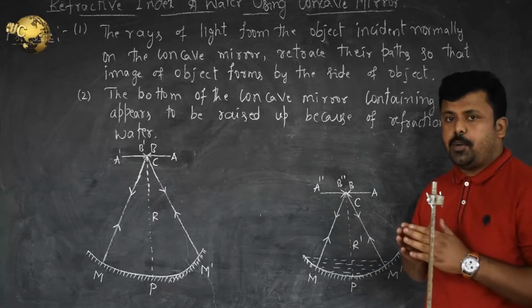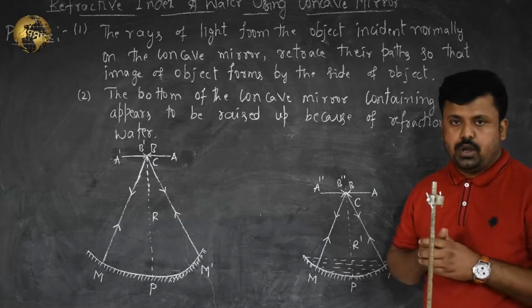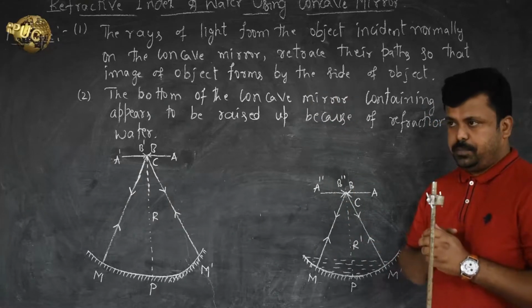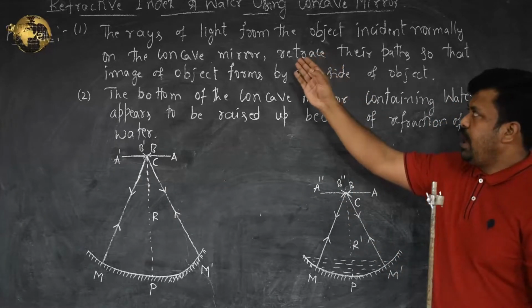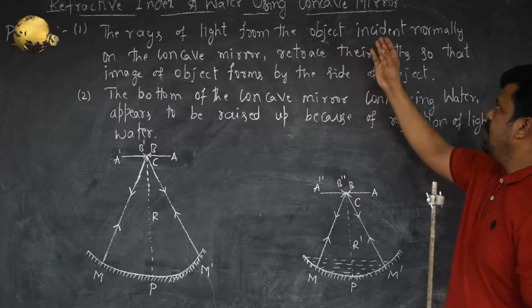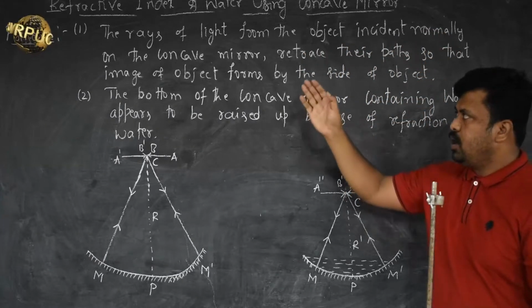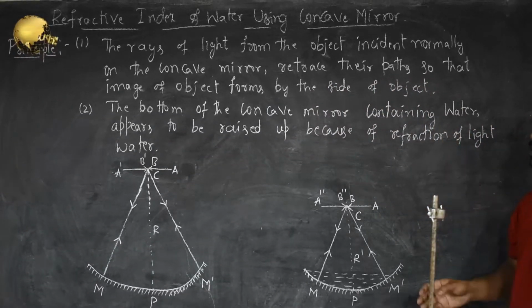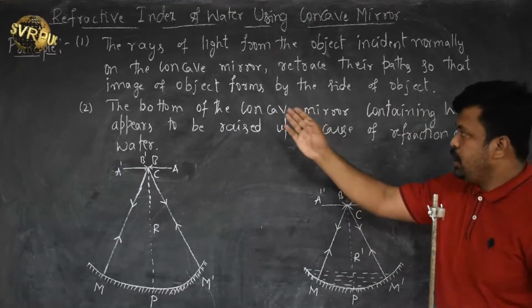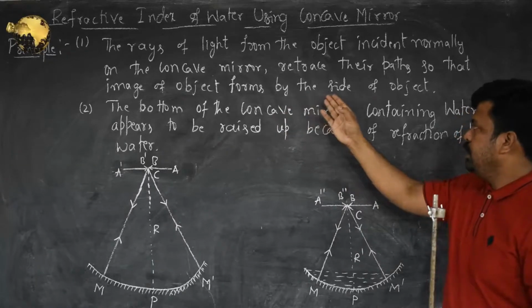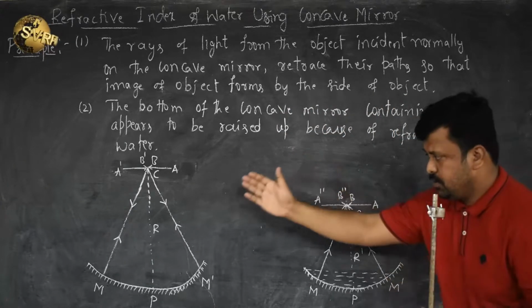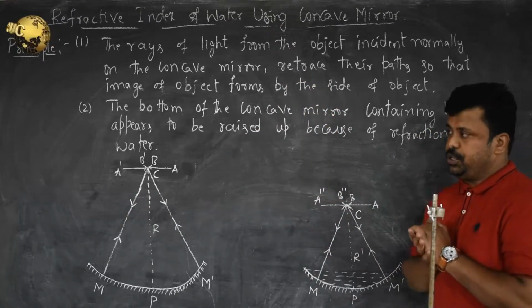In the principle, I am making use of two situations to find out the refractive index of water. The first one: the rays of light from the object incident normally on the concave mirror retrace their paths so that the image of the object forms by the side of the object. So here is the diagram corresponding to that situation.